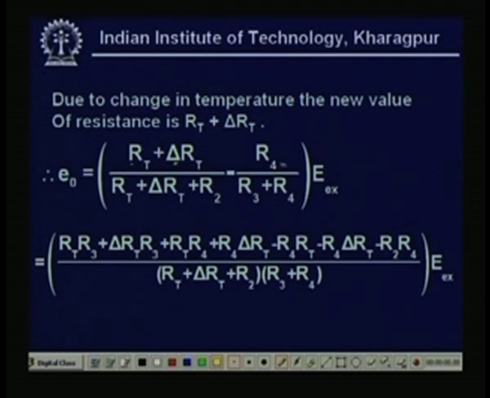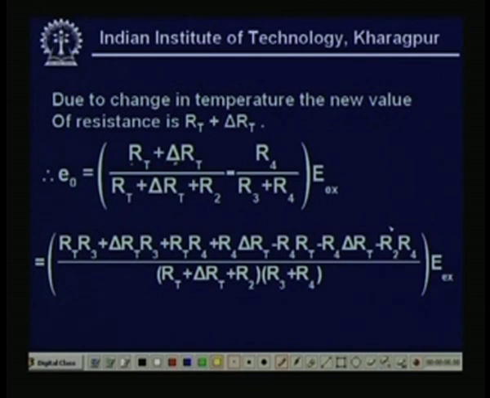If I make all these cross multiplications, in the denominator I will get RT plus delta RT plus R2 times R3 plus R4, and in the numerator RT R3 plus delta RT R3 plus RT R4 plus R4 delta RT minus R4 RT minus R4 delta RT minus R2 R4.